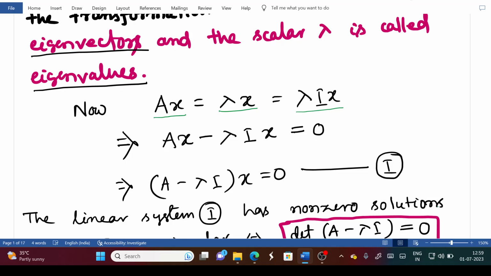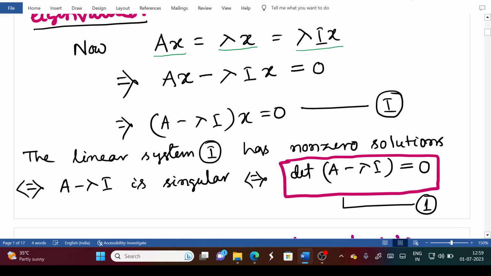We know a homogeneous system of equations always has a solution, that is the zero solution. To have a non-zero solution, that means more than one solution of the system of equations, this system should be a singular system, that is the coefficient matrix of this system should have zero determinant.